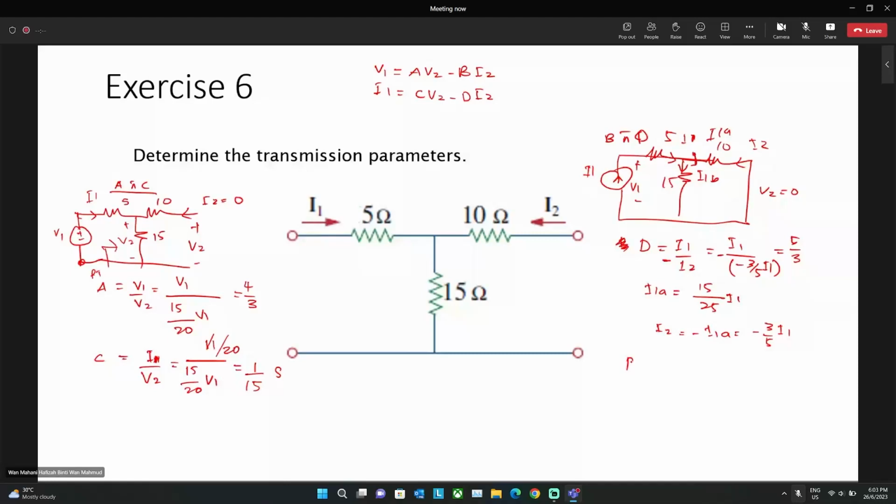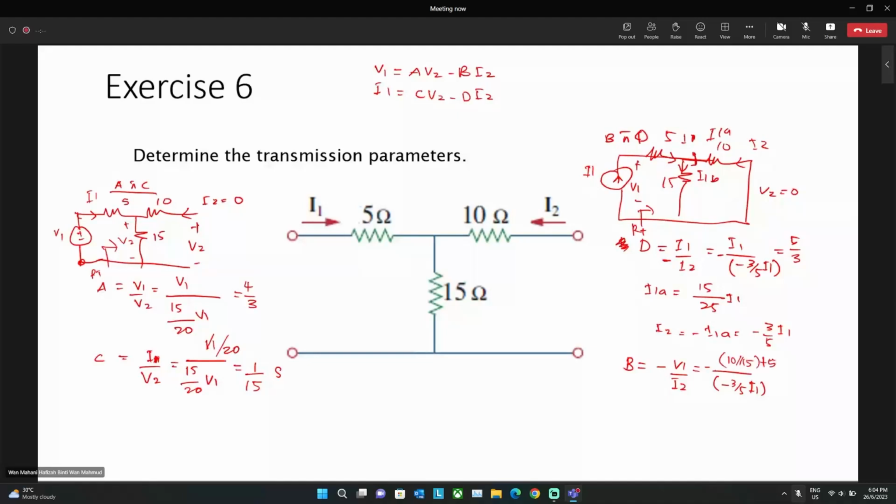That is for D. For B, we can use the equation negative V1 over I2. Based on the original equations, we remove the front part, so only the back part remains, but the back part is negative, that's why there is a negative here. Here, the I2 we take as the same value, negative 3/5 I1. V1 we find in terms of I1. How to do that? Basically find R total. So R total is 10 parallel with 15, plus 5.